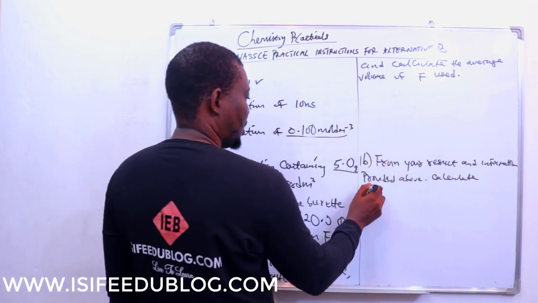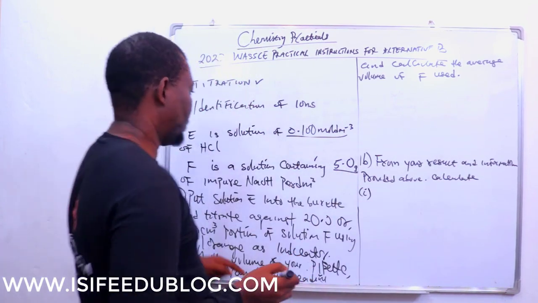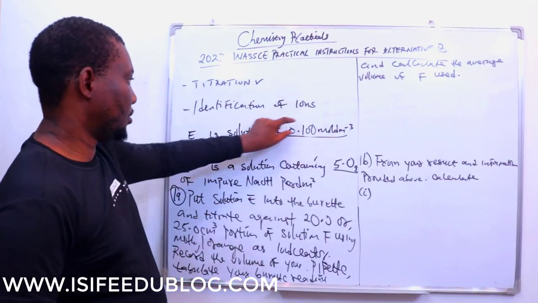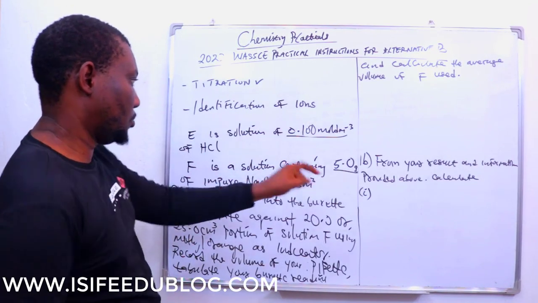They now have I. Since you already have the concentration of A, that's the molarity of A, which is already given in the question, there's no need to ask it here.